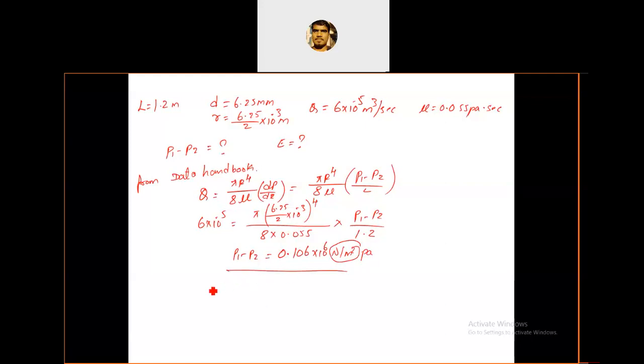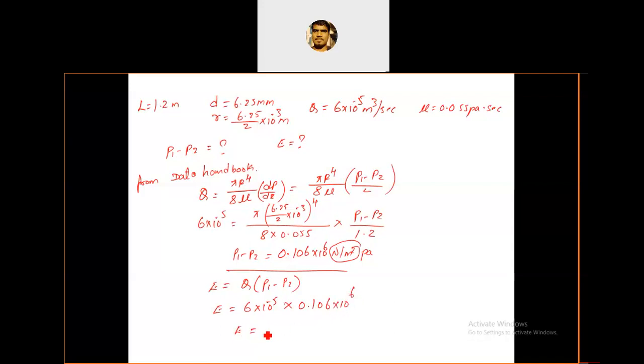So next, the second thing, E. You need energy. E is equal to Q into P1 minus P2, that is the pressure difference. So E is equal to Q, that is 6 into 10 raised to minus 5, into 0.106 into 10 raised to 6.